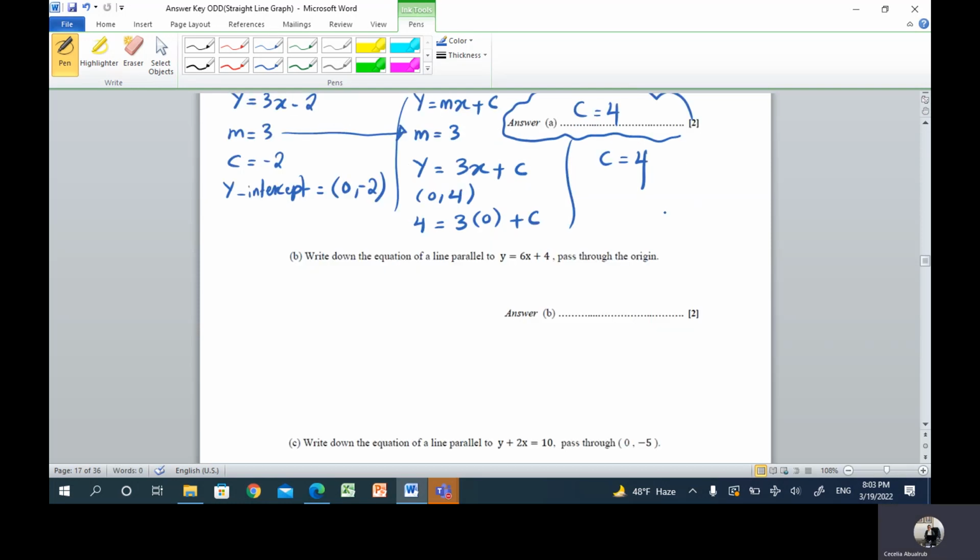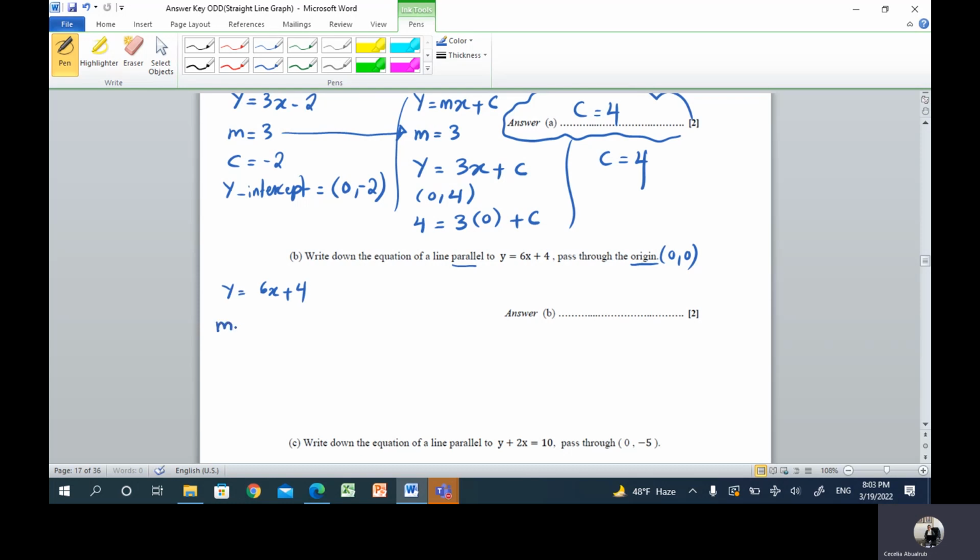Write down the equation of a line parallel to and passing through the origin point. So the origin point is 0, 0. So it's a parallel line. So y equals to 6x plus 4.